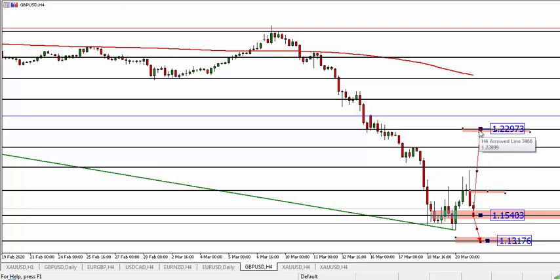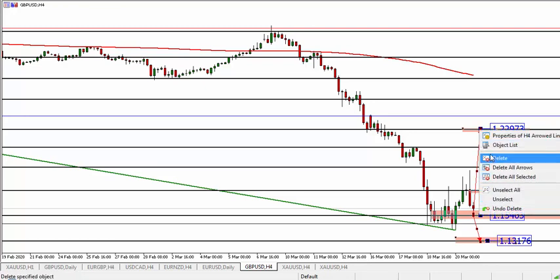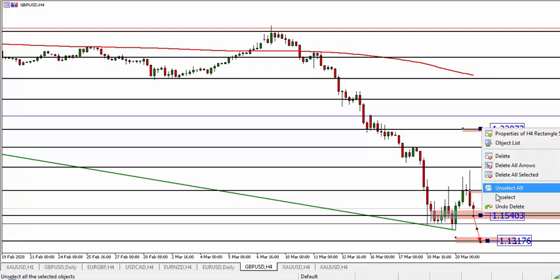Actually, I don't want to go to the 1 hour chart because I think this is a good setup for those who want to start buying pressure. But don't forget, guys, I just want to remind you of the selling pressure also.